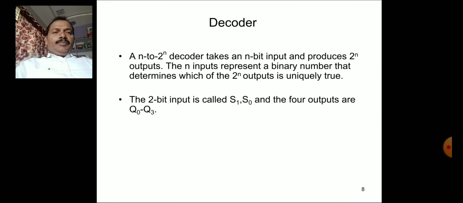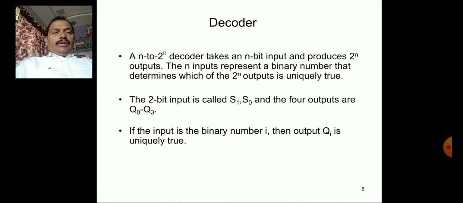The 2-bit input is called S1 S0 and the 4 outputs are Q0 to Q3. If the input is the binary number i, then the output Qi is uniquely true.